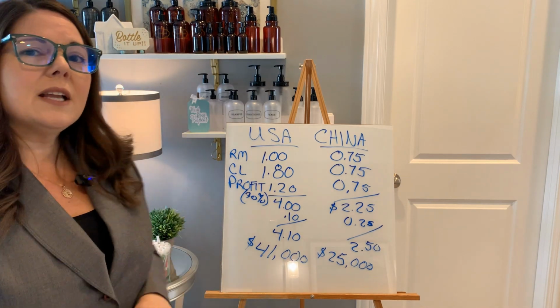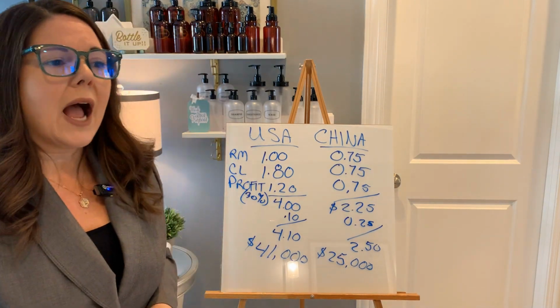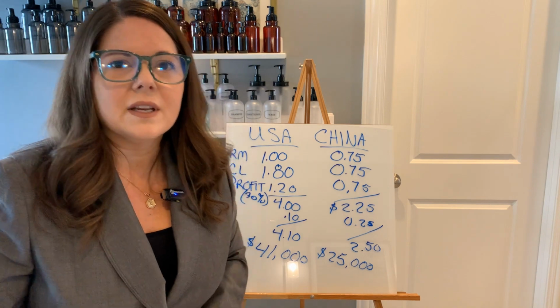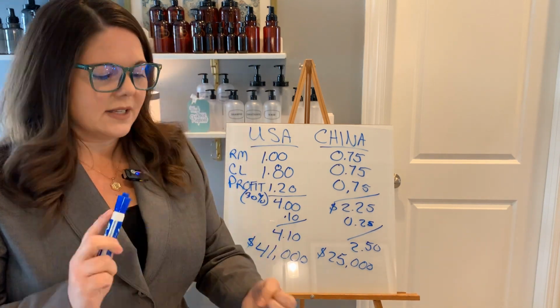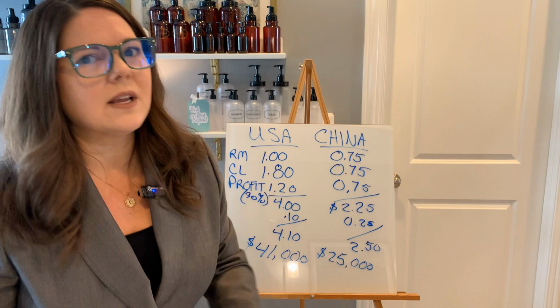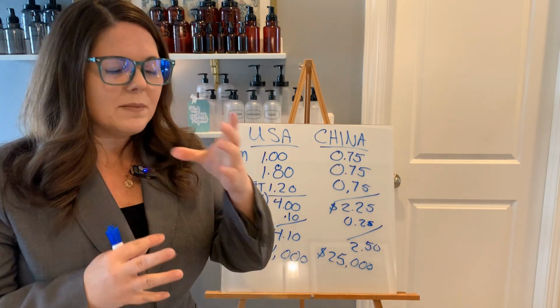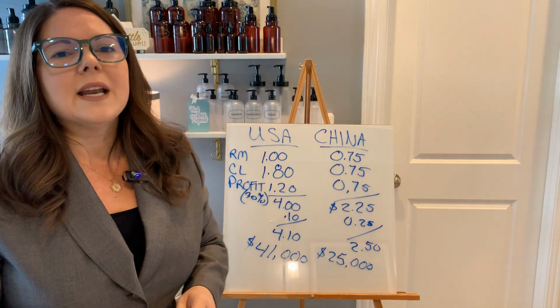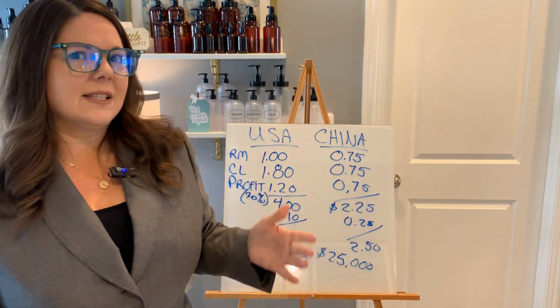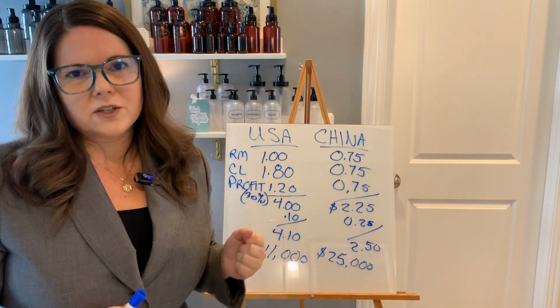Okay? And when we say 200,000 units, I mean 200,000 of the same thing with the same color and the same size and the same exact thing. So I couldn't have 200,000 sets of shampoo, conditioner, and body wash bottles.